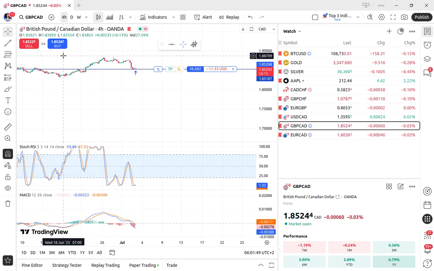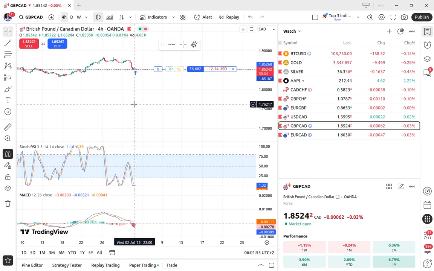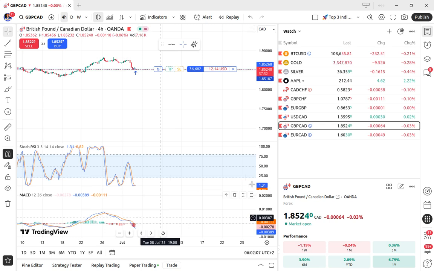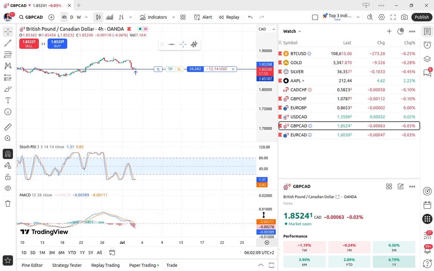I'm a little confused, but anyway, basically this is what's happening. I'm looking for a reversal entry on the 4-hour time frame.